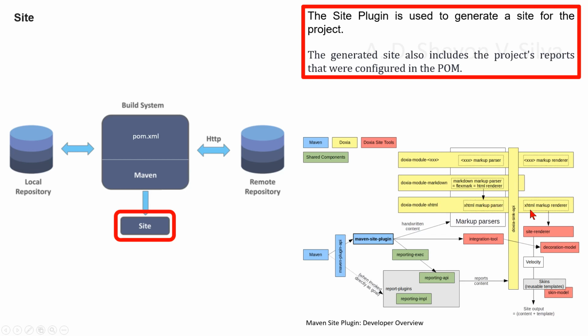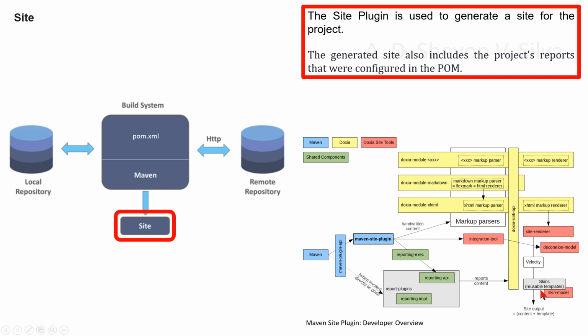Here the XHTML markup renderer is connected to the site renderer. The site renderer is connected to Velocity. The site renderer interacts with Velocity, and Velocity interacts with skins, reusable templates, and it is connected to site output, which equals contents plus template.